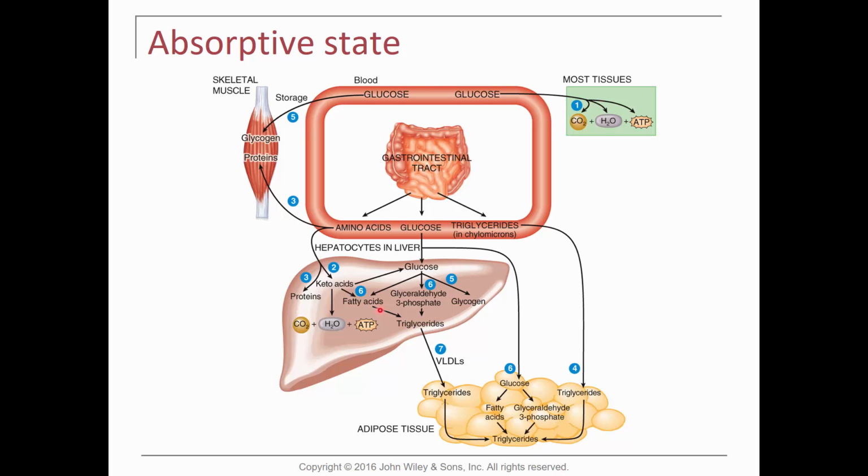We've talked about the liver. We've talked about adipose tissue. We also have skeletal muscle. Skeletal muscle is going to take up the glucose, and skeletal muscle will use the glucose to make ATP and use the glucose to make glycogen. In addition, amino acids are going to go into the muscle, and the muscle is going to use those amino acids to make protein.